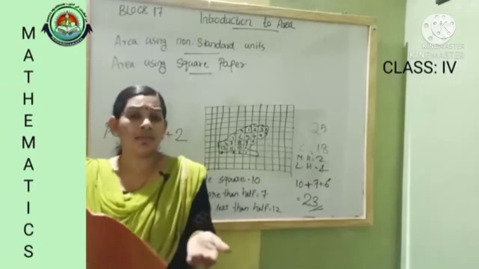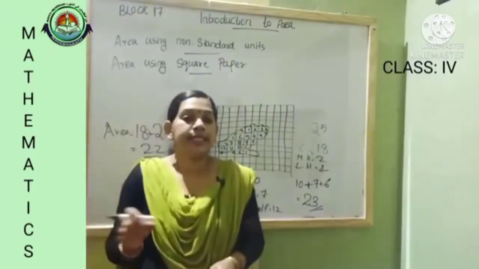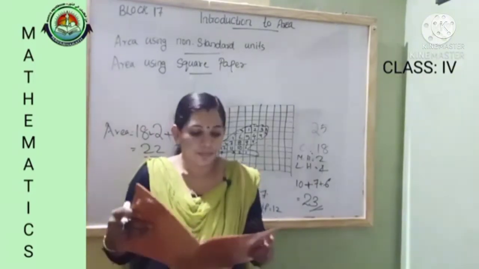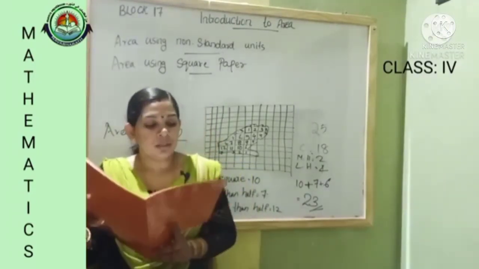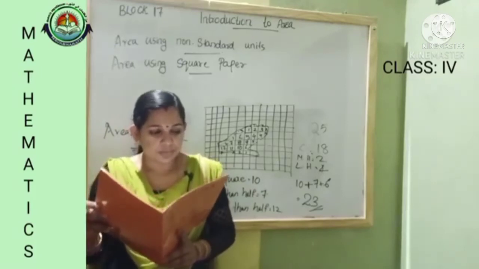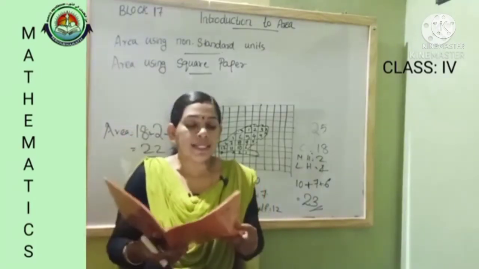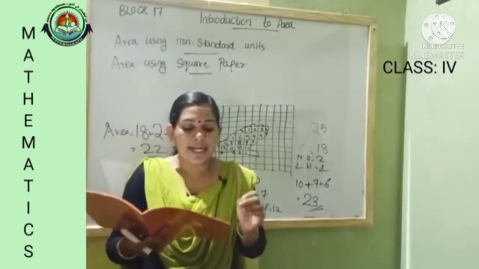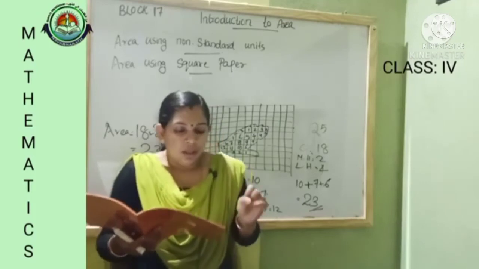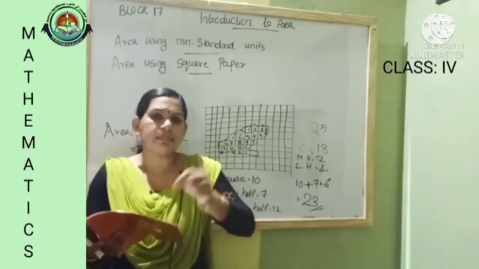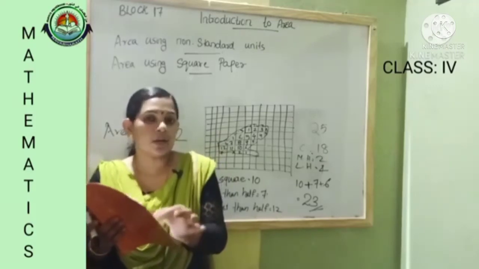In the content book, the same type of question we are discussing. Second question. Estimate the area of the rectangle using cotton balls and crayons. Just put the crayons here.